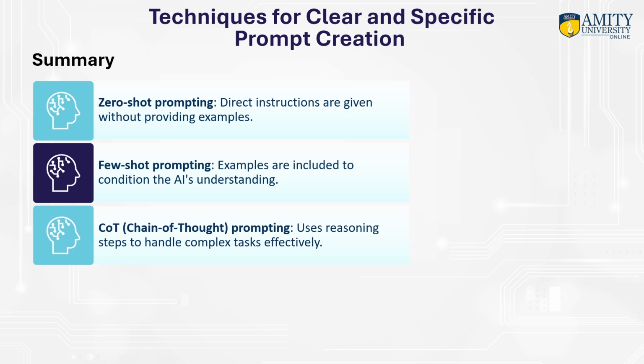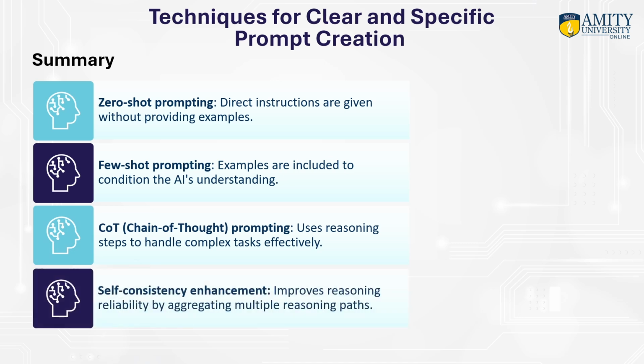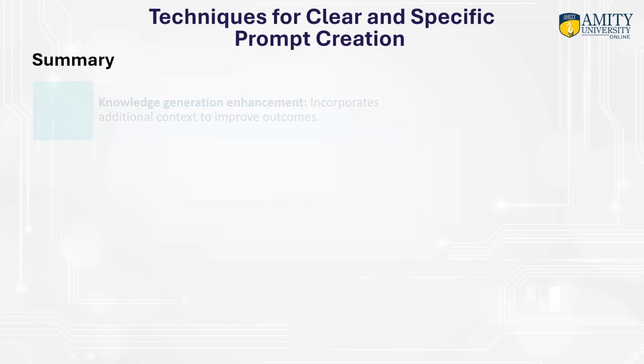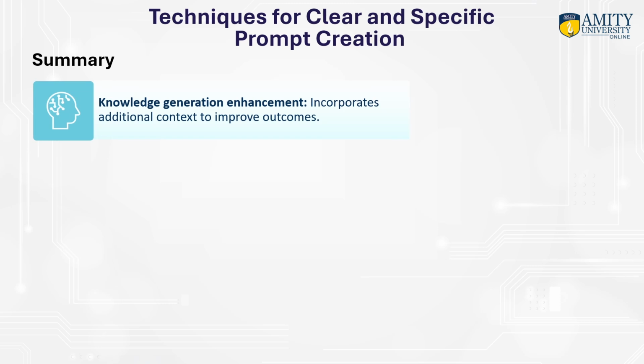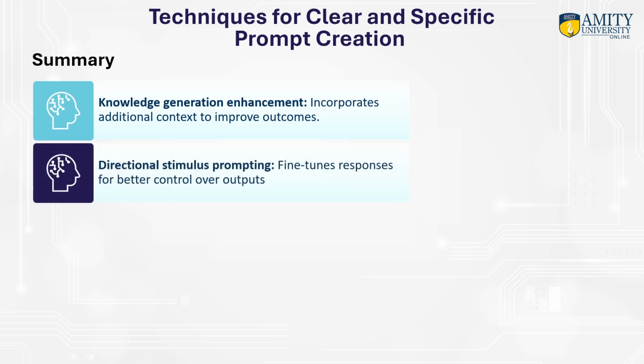Then you have enhancements in these techniques: one is self-consistency, that boosts your reasoning reliability by aggregating multiple paths. Knowledge generation incorporates additional context to improve your outcomes, and directional stimulus prompting fine-tunes the response for better control over the responses. So this was all about today's session.